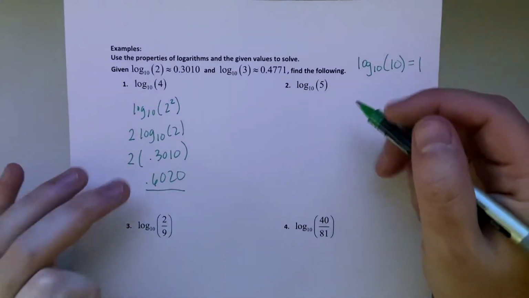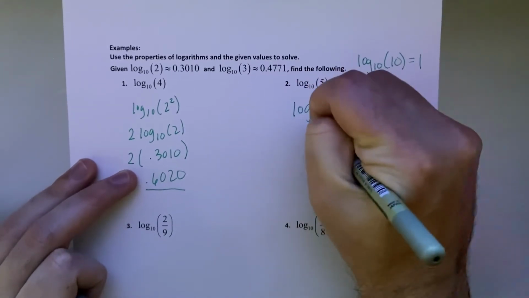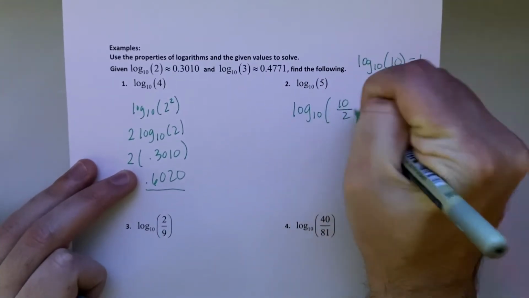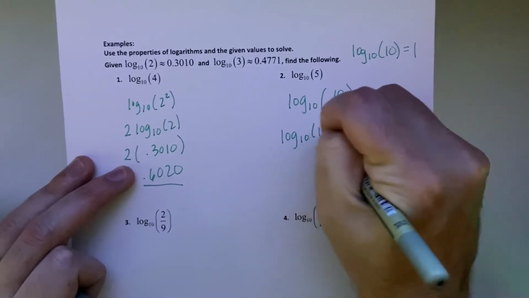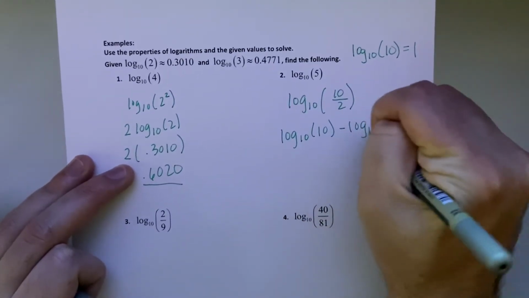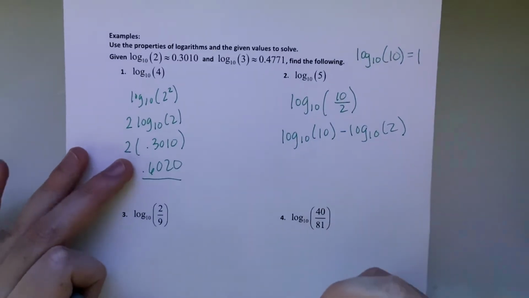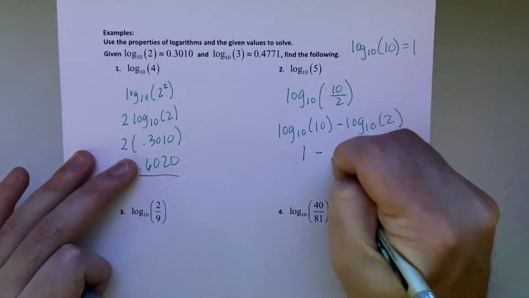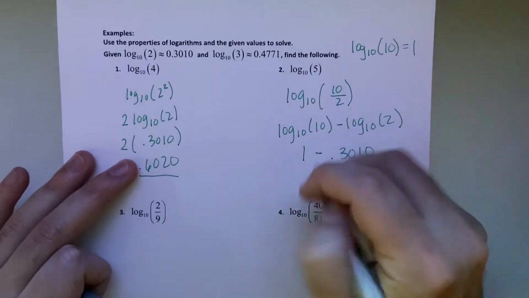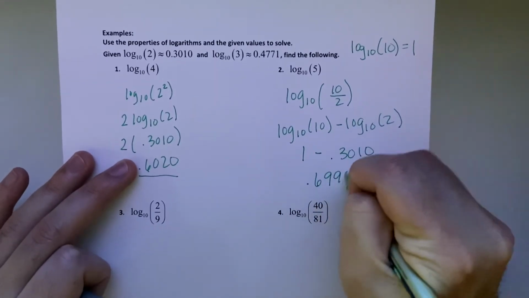So this log base 10 of 5 is really the log base 10 of 10 divided by 2. And of course, division allows us to turn it into subtraction. Log base 10 of 10 minus log base 10 of 2. So this is 1 minus that 0.3010, which is 0.6990.